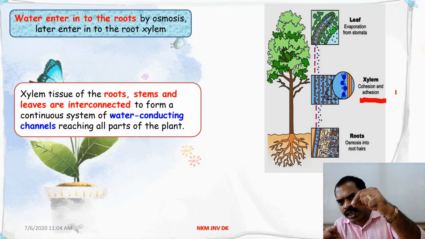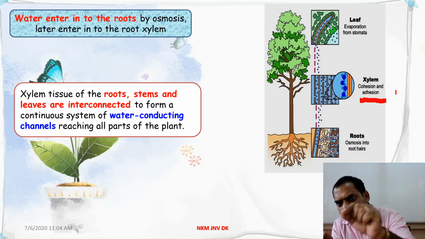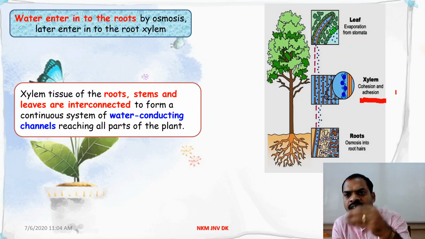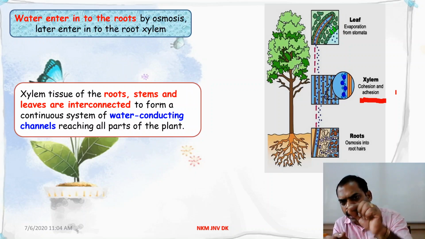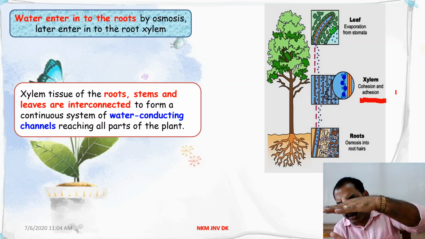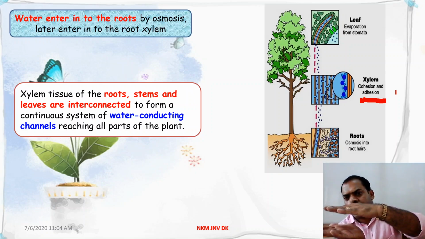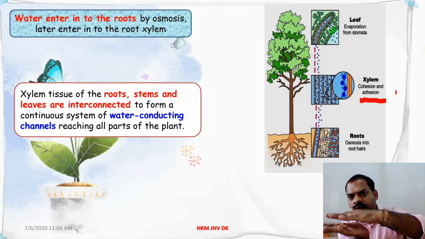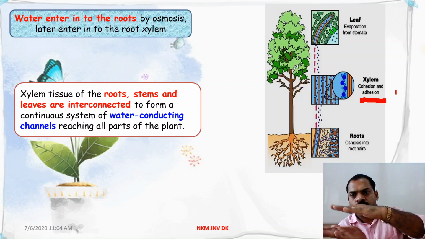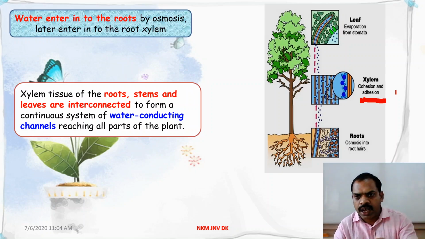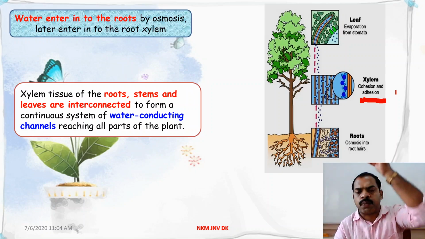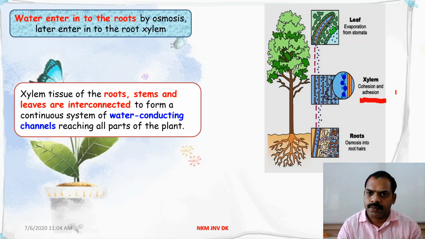The water is connected with the water molecules, and the water is connected with the paper molecules, that is adhesion, the adhesive force. So the water connects with water and water connects with paper: paper, water, paper. That connection is the hydrogen bond, the same as the cohesive and adhesive force. In that way the water goes up the xylem.